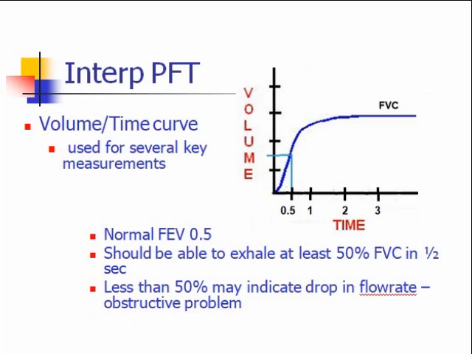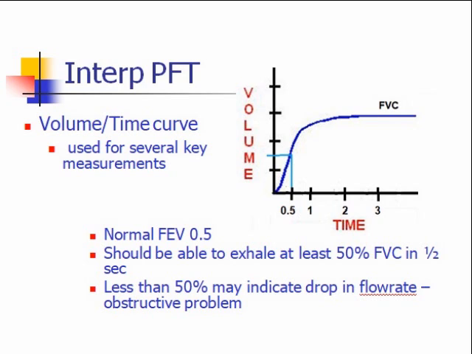As we have that patient exhale as fast as possible, we do get that volume time curve. And as I said, it gives us the key measurements for flow rate. One of the most typically looked at is the FEV half second. We look at that because in the FEV half second, we should have at least 50% of the vital capacity.